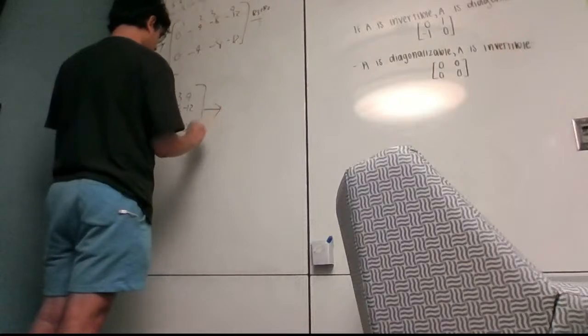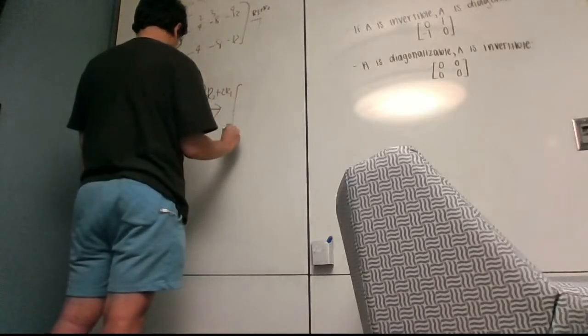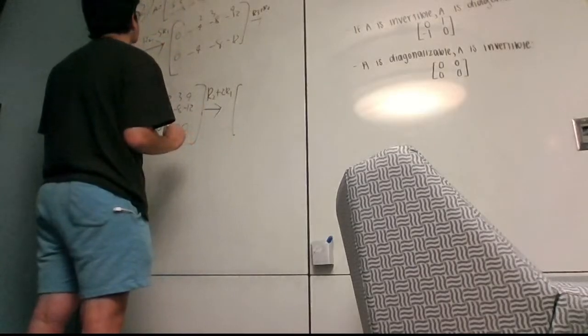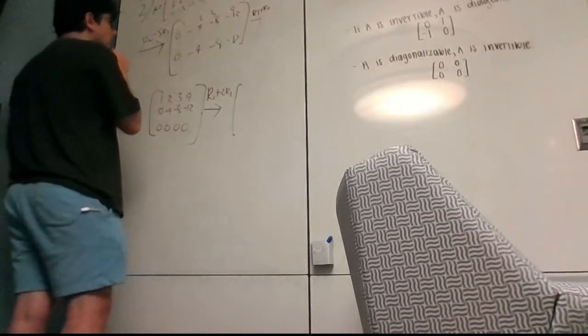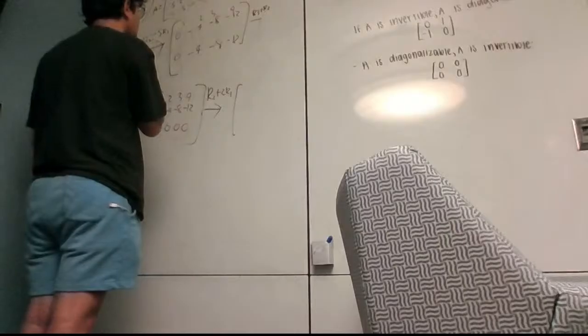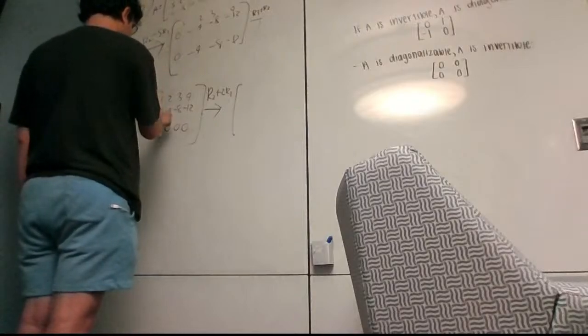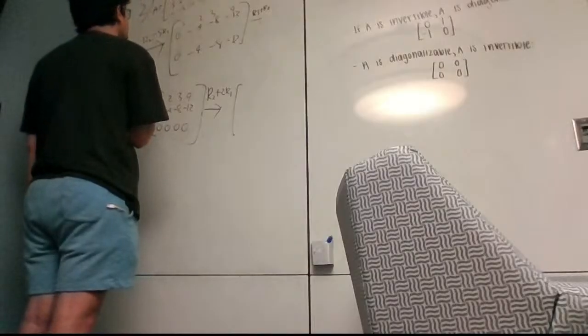So we do that by the following. 2 plus 2r1, we get... Oh wait, no. I should have done something first, actually. Oh no, I got rid of that. Because the problem is that you have this zero right here, which is a big nuisance.